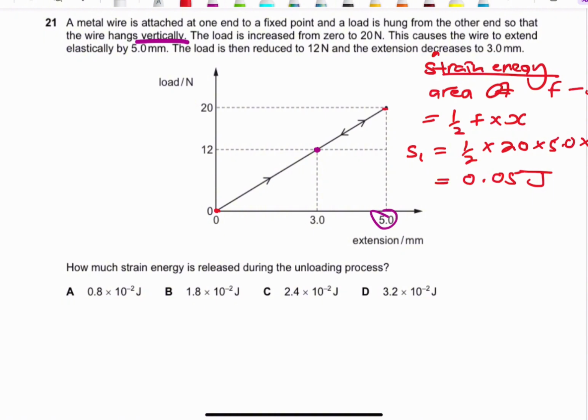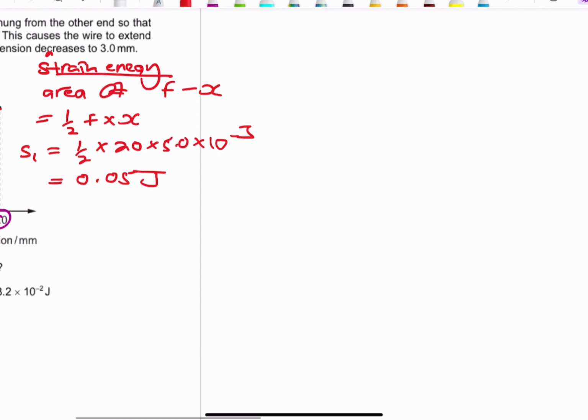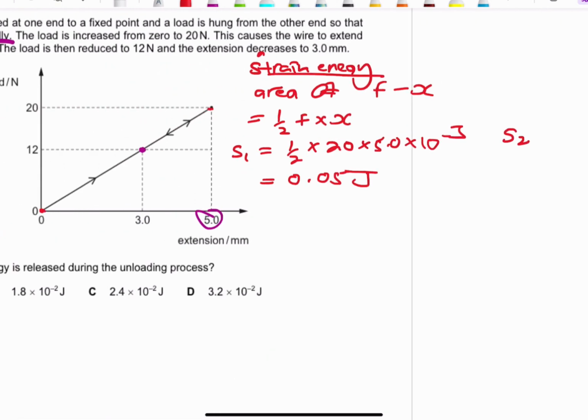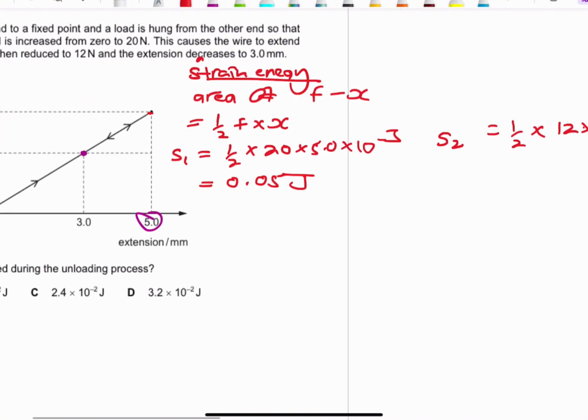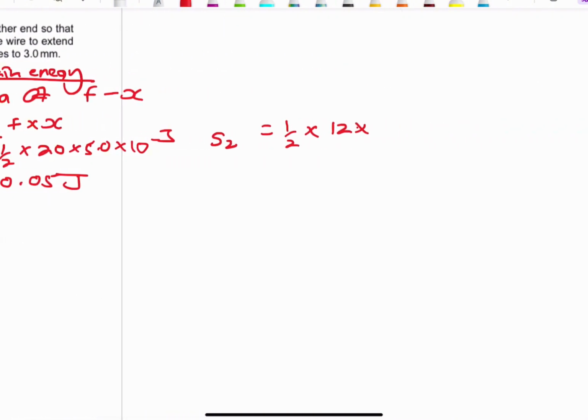But also I can find S2, which is how much strain energy I have stored in that wire at this particular point, which would be 1/2 multiplied by 12 multiplied by 3.0 times 10 to the power of negative 3. It's going to give me an answer of 0.018 joules.